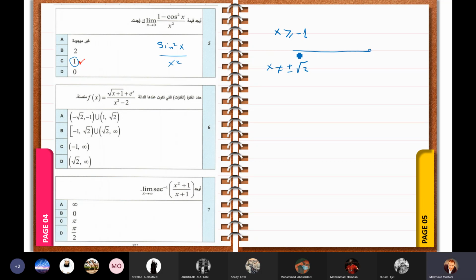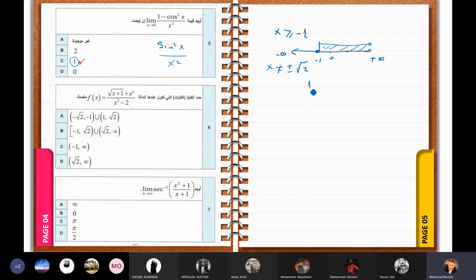So if we have the line here from negative infinity to positive infinity, and I prefer to graph every time. So x greater than or equal to -1. If you have 0 here, this one is -1. Greater than means to the right. Except what? Positive radical 2 and negative radical 2.